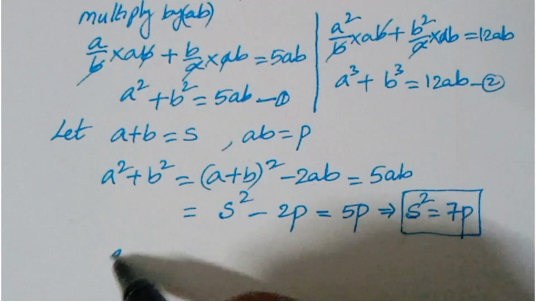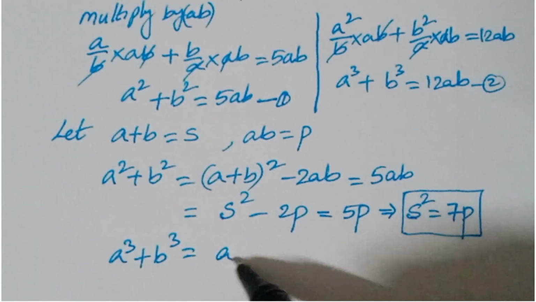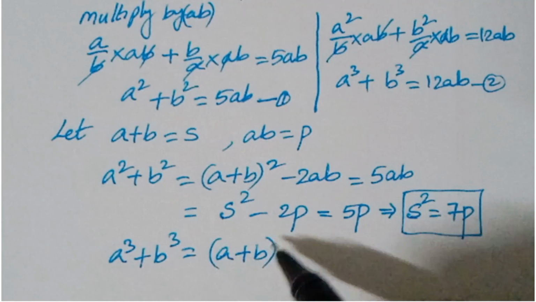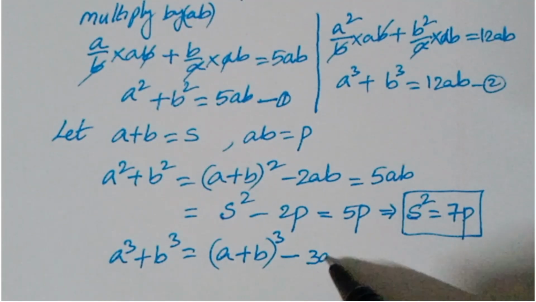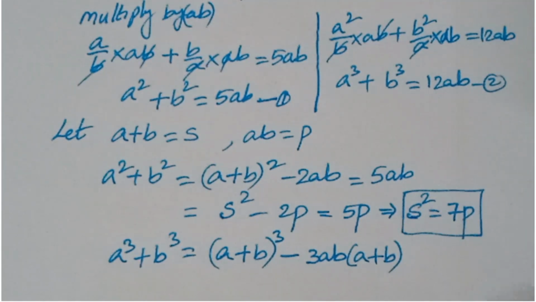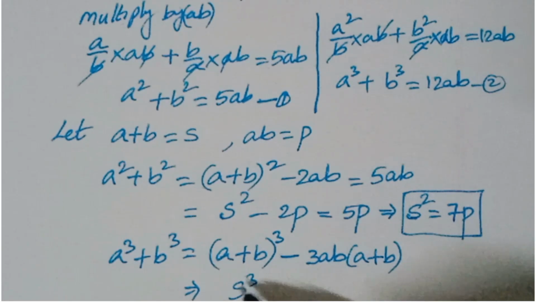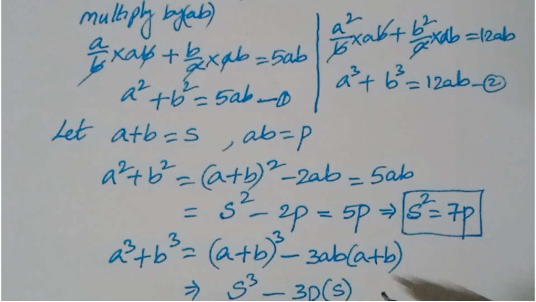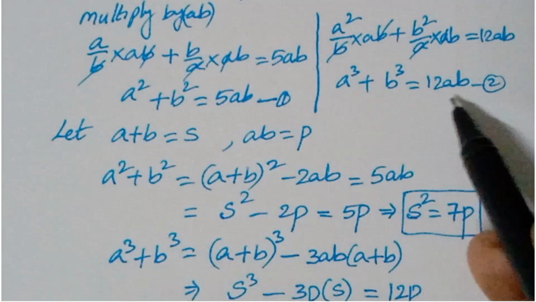Now the second one, a cube plus b cube. This can be written as a plus b whole cube minus 3ab times a plus b. So a plus b whole cube means you'll get s cube minus 3p into s is equal to 12p, since 12ab is there.